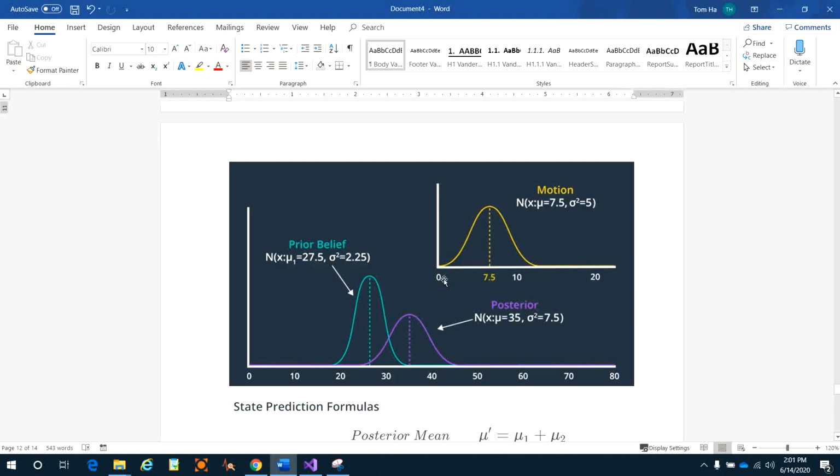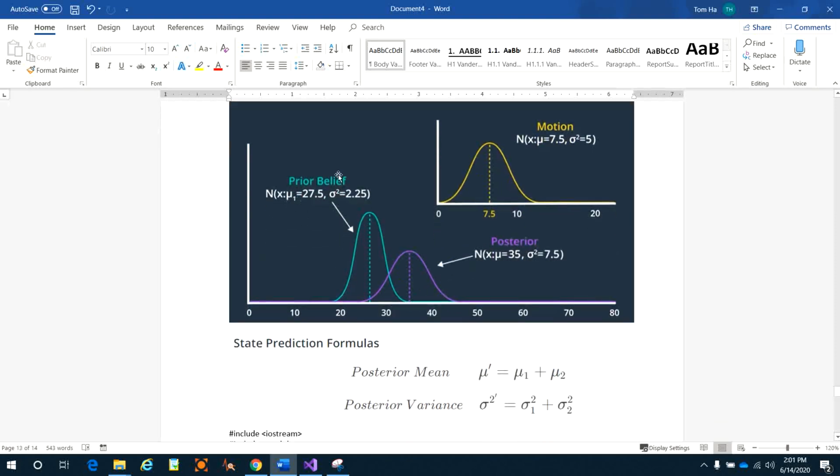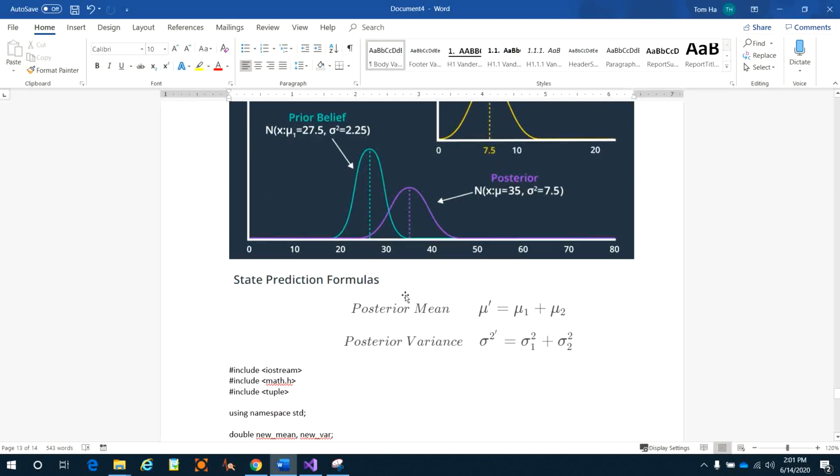What about the state prediction? After the measurement update, we give the command asking the robot to move 7.5 meters, and the uncertainty of the motion is a covariance of 5. So how does the robot predict its state now? We use the formula right here. It's an easy formula.